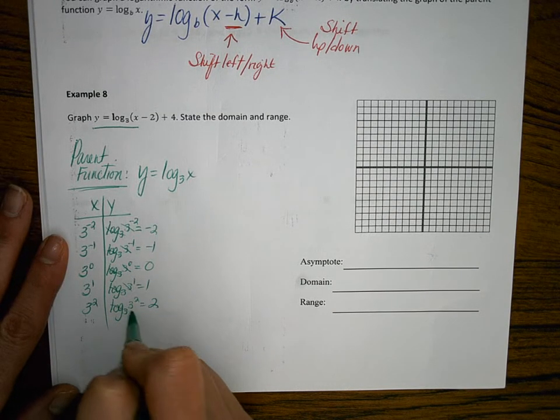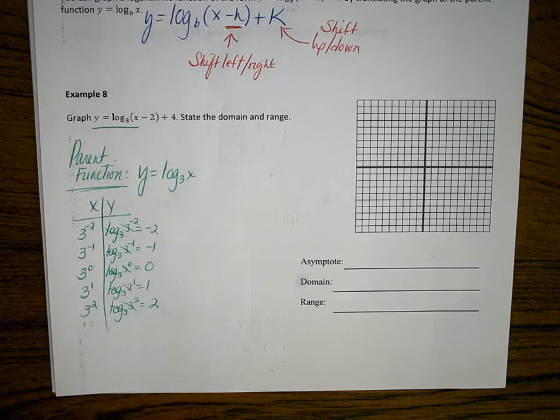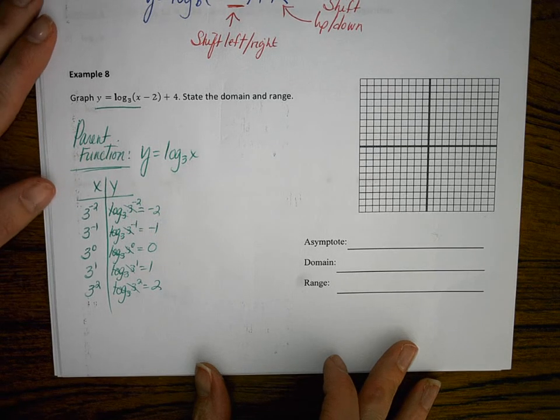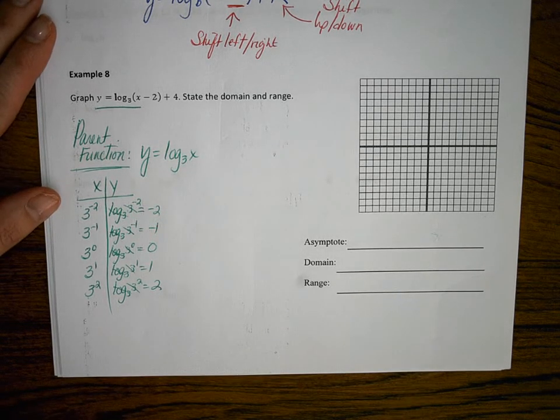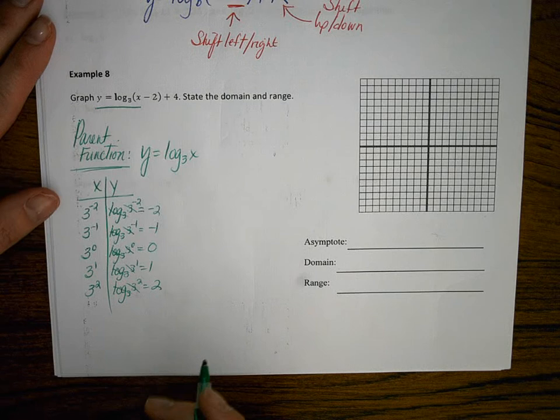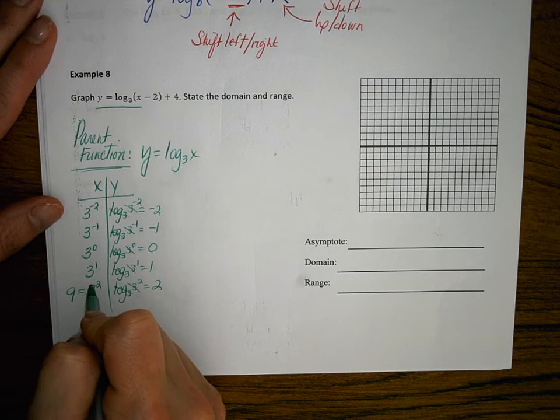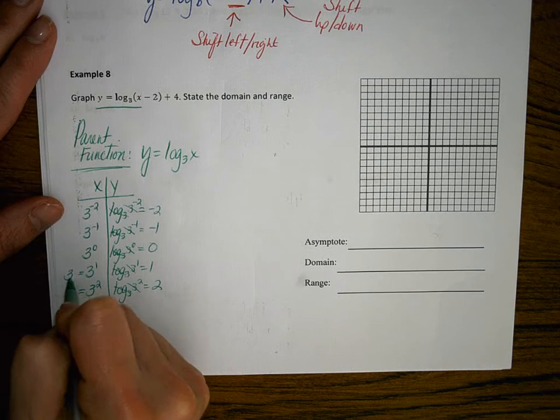All right. Now, am I ready to graph? Brooke, what do I have to do to get ready to graph yet? You just switch the x's. Okay. Got to finish cleaning up my x's. 3 squared is 9. 3 to the first is 3.